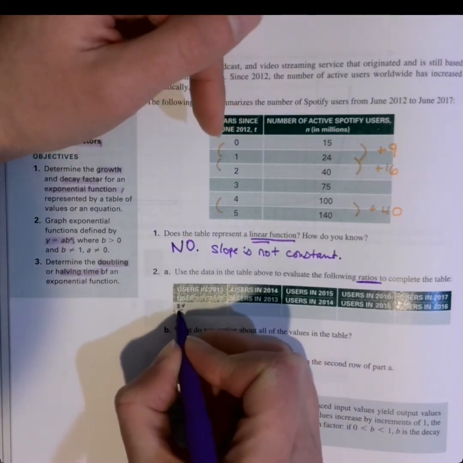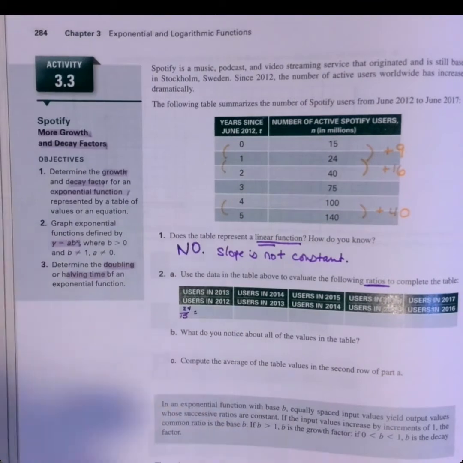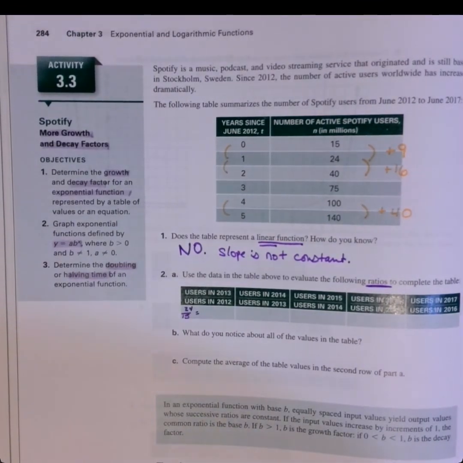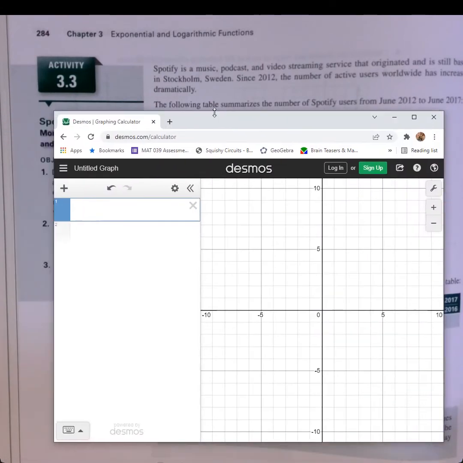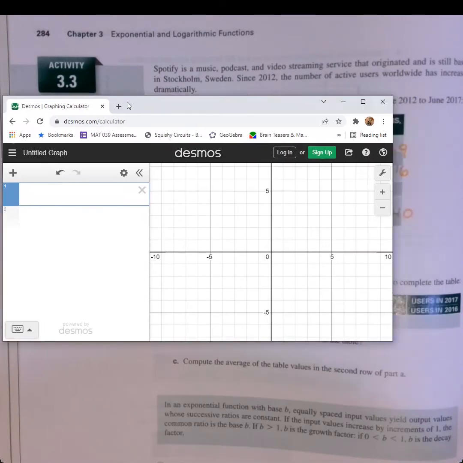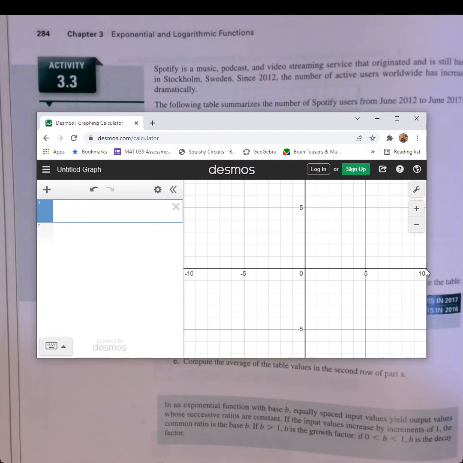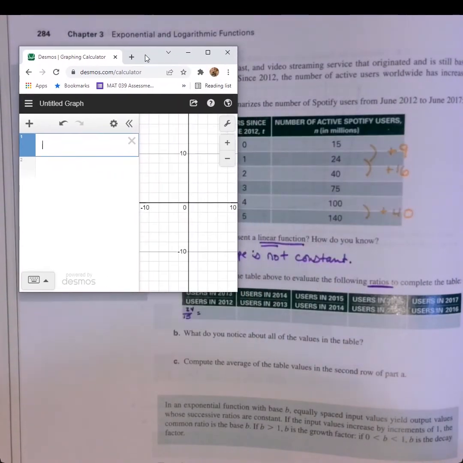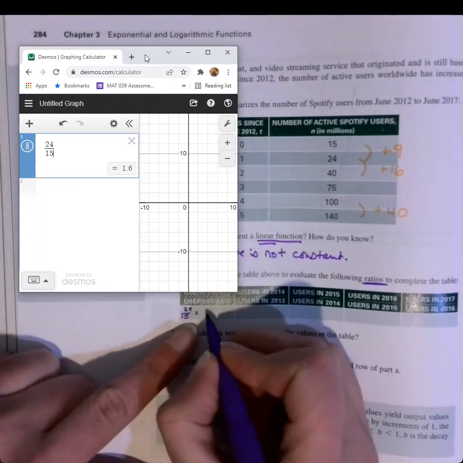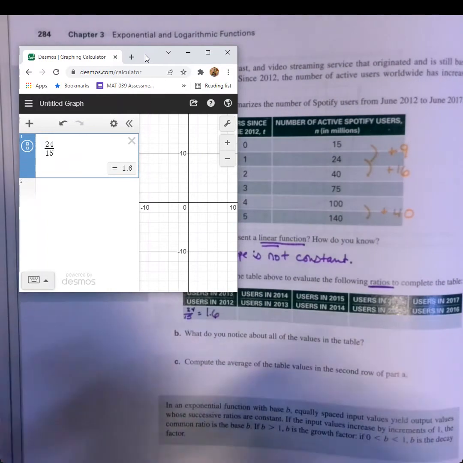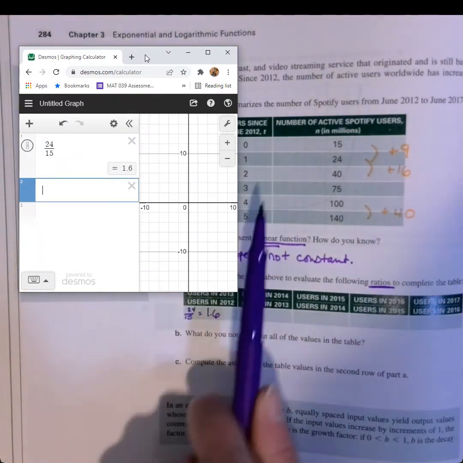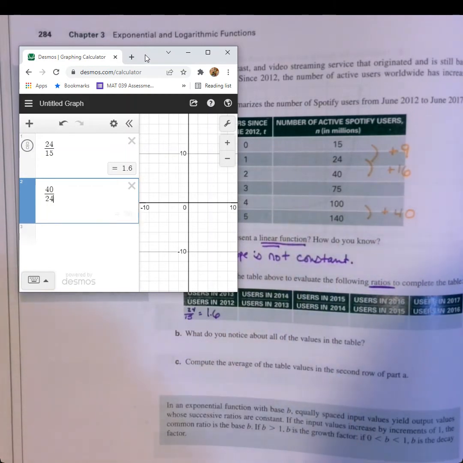So we're going to divide 24 by 15 to get the first ratio. And then we're going to divide the next pairs to get the next ratio. I'm going to grab Desmos so that I can have some help with these divisions. Let me pull this up and just make it a little smaller so I can see everything at once here. All right, so the first ratio, we want to do 24 divided by 15. So this first ratio is 1.6. The next ratio for 2014 to 2013, that's going to be 40 over 24.